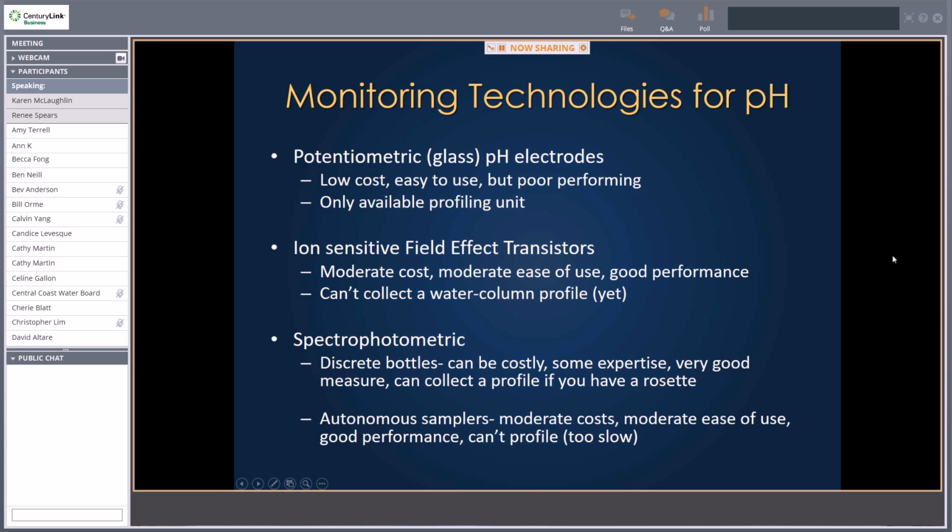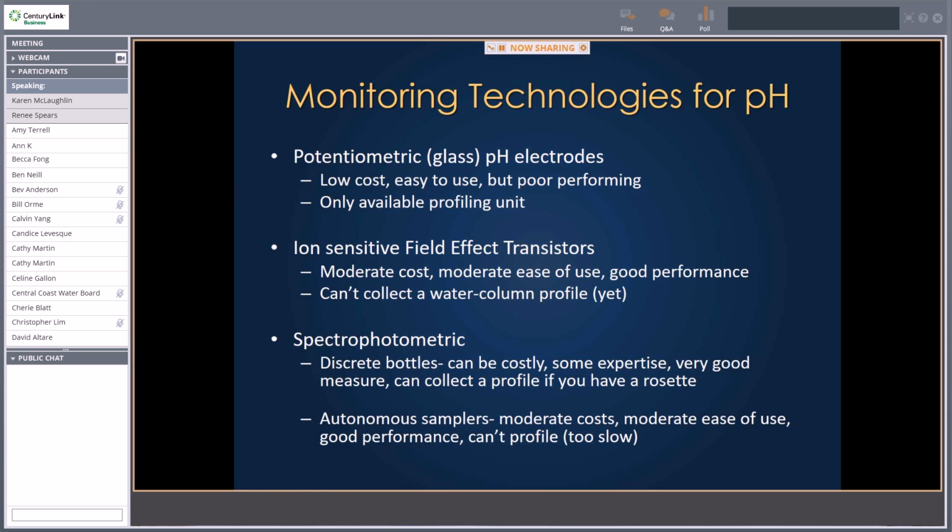Okay, so monitoring technologies for pH. These are, again, all out-of-the-box commercially available technologies. The first is potentiometric glass pH electrodes. This is what most people are familiar with. They come on any sort of YSI data probe. Seabird has a set for their CTDs. They're super low cost, about $300 a pop.